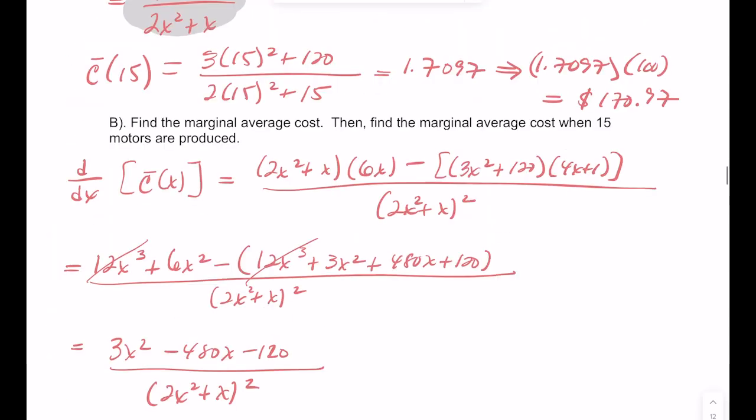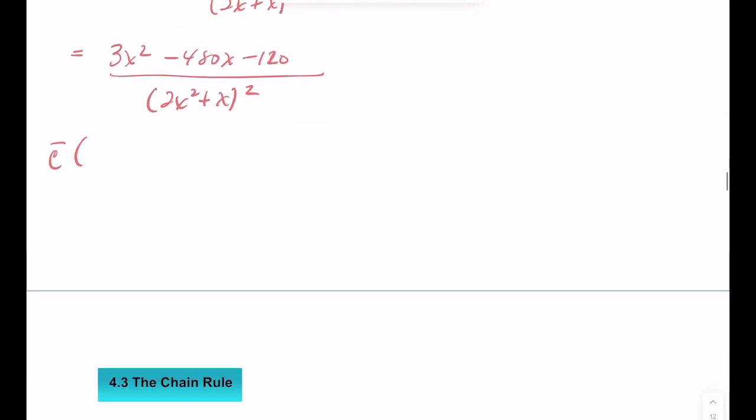And then again, I'm looking for the marginal average cost when 15 motors are produced. So remember, this is instantaneous rate of change, right? Because we're dealing with the derivative. So I'm finding C bar prime of 15. So I'm going to take 15 and plug it into the derivative.